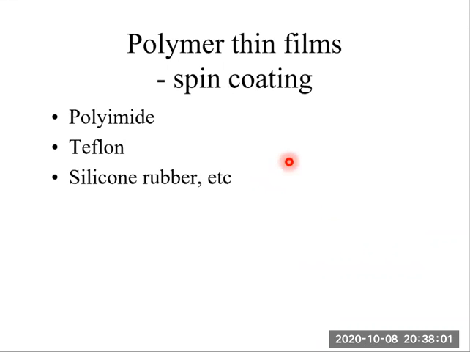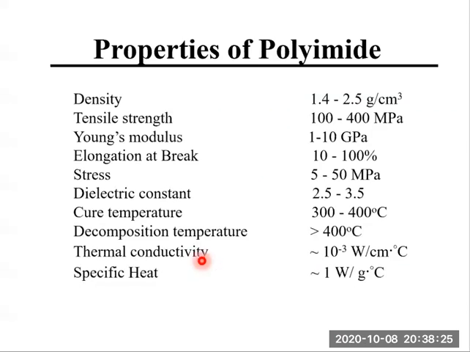Polymer thin films. I know that polymers are also popular materials for surface micromachining. And the polymer thin films can typically be prepared using spin coating. Some examples include polyimide, Teflon, silicone, rubber. This slide summarizes the properties of polyimide.